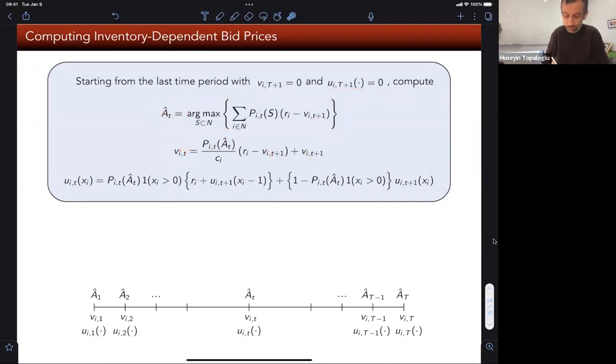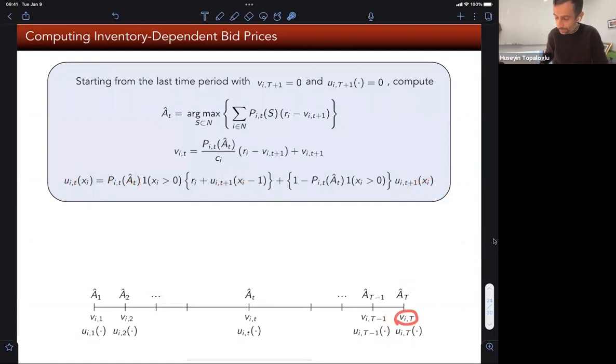So then let's keep on moving backwards. At the last time period, I know my ideal assortment at the last time period. After the last time period, these bid prices are 0. So then I can compute my UIT for every value of xi to compute my capacity-dependent bid prices. So I got all of these things done. We move one time period back. I'm sitting at time period T minus 1.